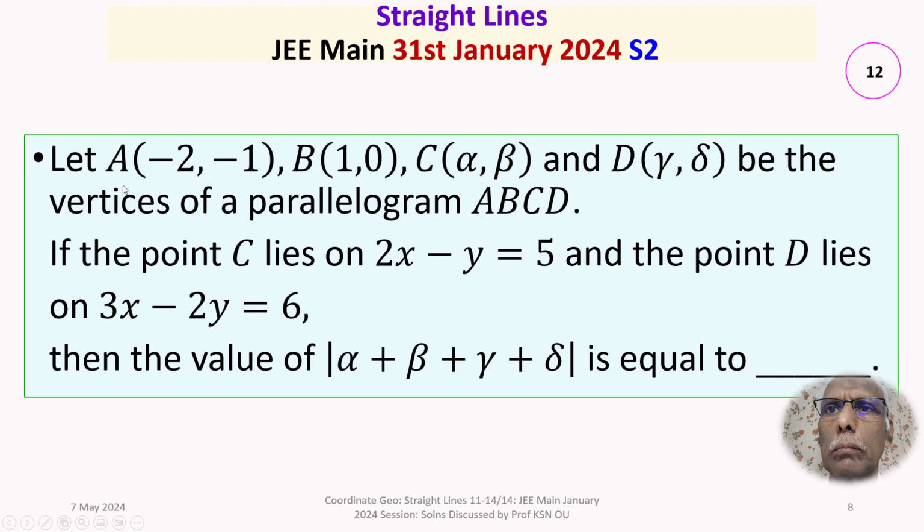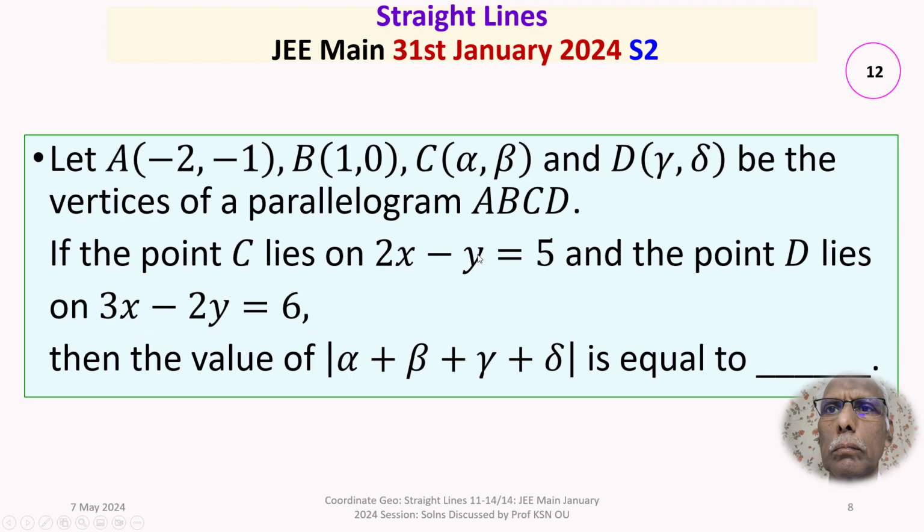Right. We are given A, B, C, D. They are given to be the vertices of a parallelogram ABCD, and C and D contain alpha, beta and gamma, delta. You are further given that this point C, that is alpha, beta, lies on this line, and the point D, that is gamma, delta, lies on the other line.